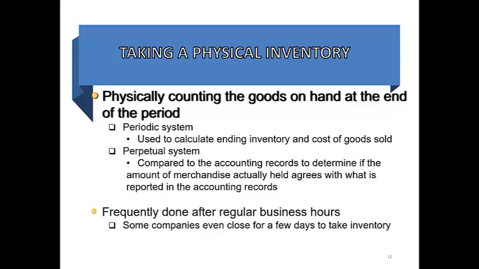For the perpetual system, we're really just taking inventory for comparison purposes. We're going to compare what we have on our accounting records to what we just counted. And there's usually a little adjustment there to make up for maybe errors and omissions. Usually businesses will close down or take inventory after regular business hours, but not always.